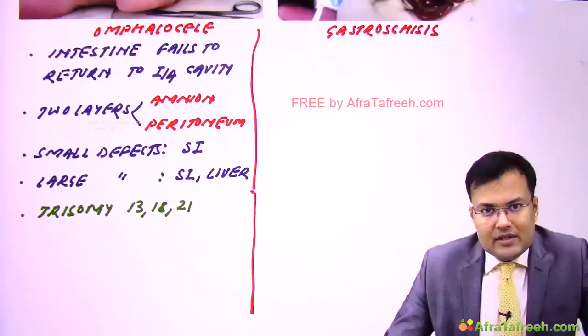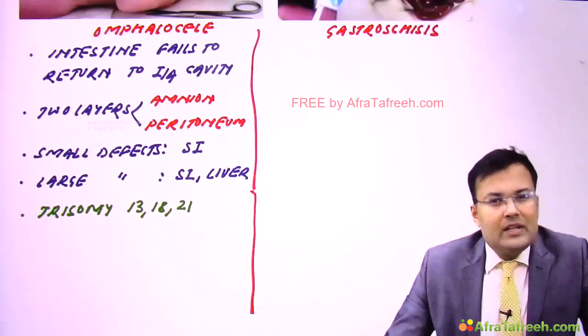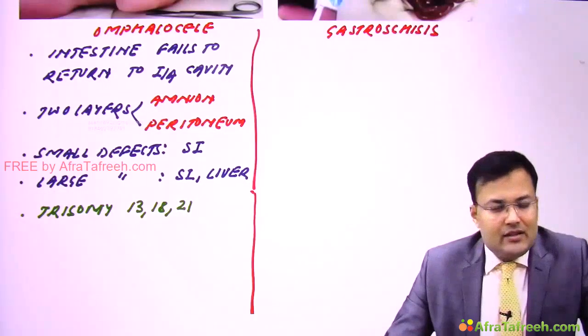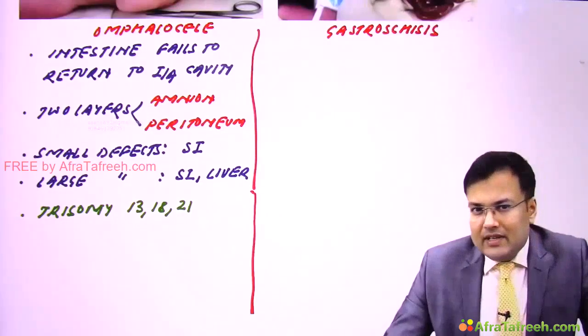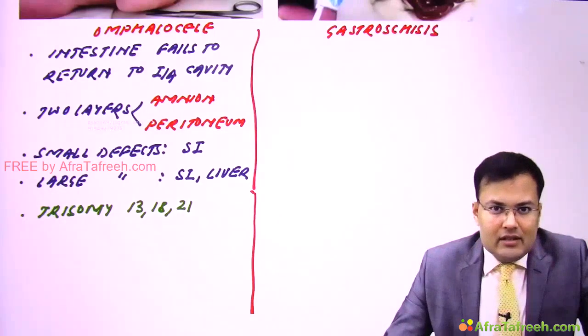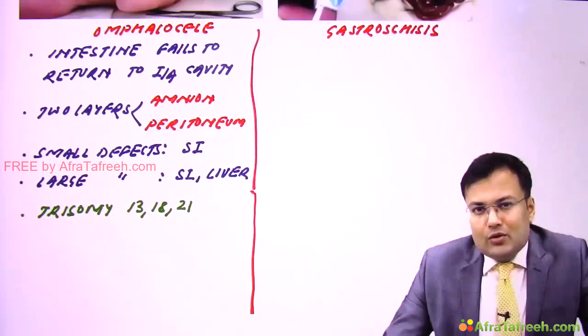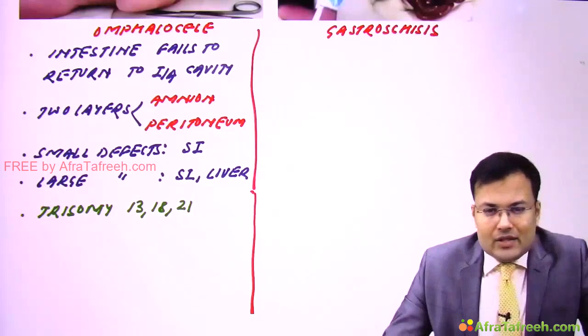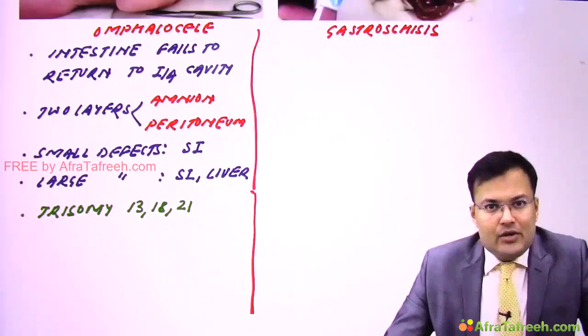The second important point which is frequently asked is that this omphalocele is associated with congenital malformations. And what is the most common type of congenital malformation seen? Here the most common type is cardiovascular, followed by musculoskeletal, followed by gastrointestinal, followed by genitourinary.